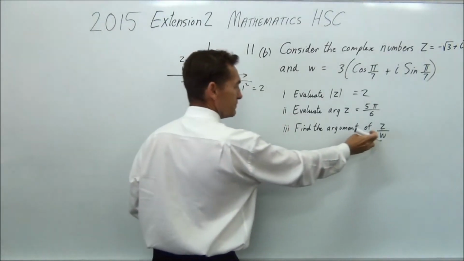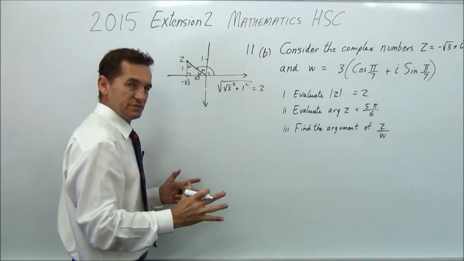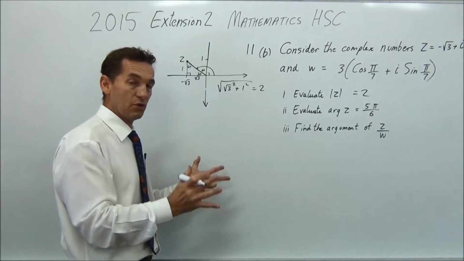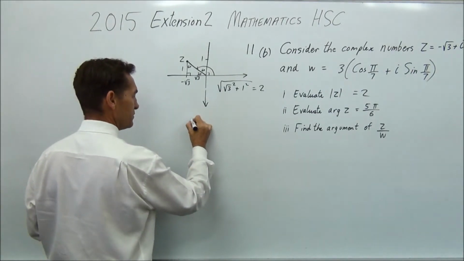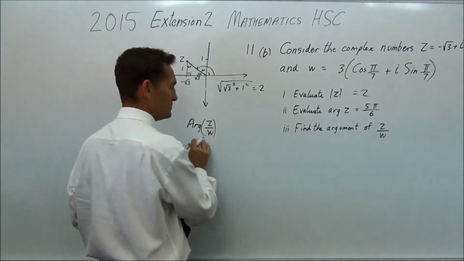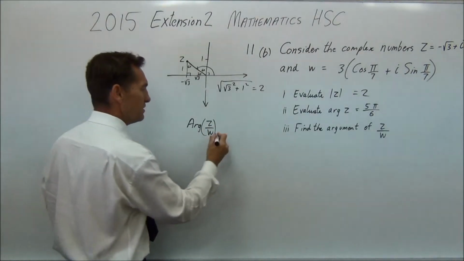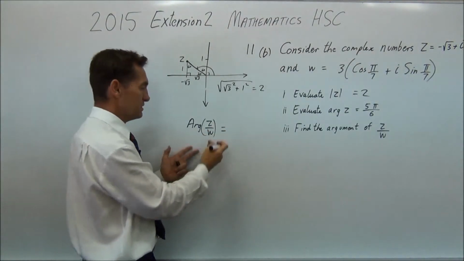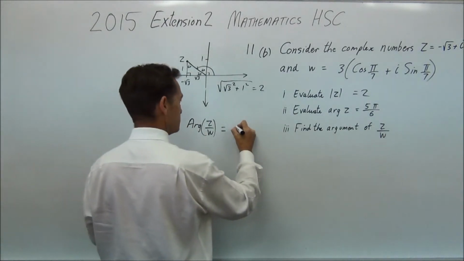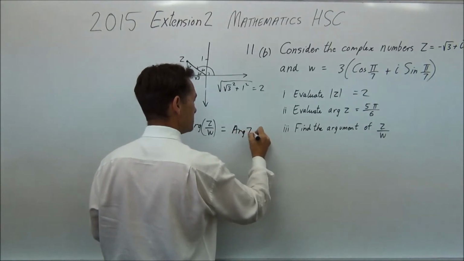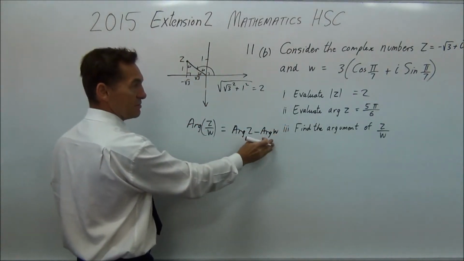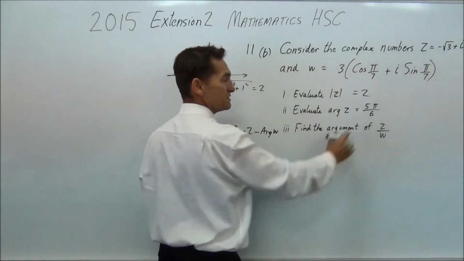Find the argument of z over w. So for this, you're going to use, or be familiar with using, the same principle as logs. So in effect, what you've got is arg z over w, which you can't really fiddle around with, but you can fiddle around as if it was a log. So division in logs is subtraction. So you're going to go arg z minus arg w. You know what arg w is because they tell you it's pi on 7.